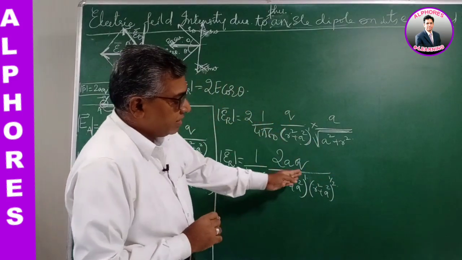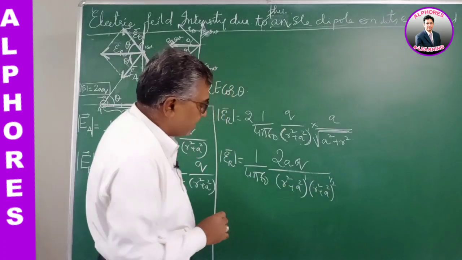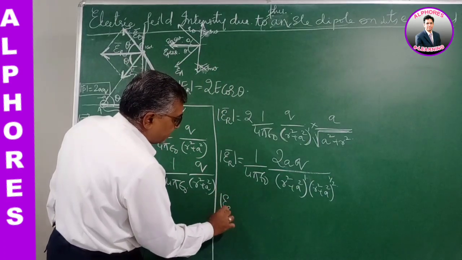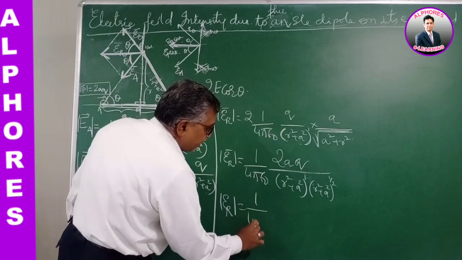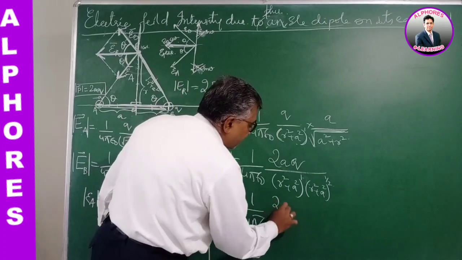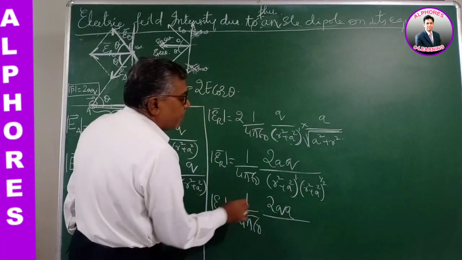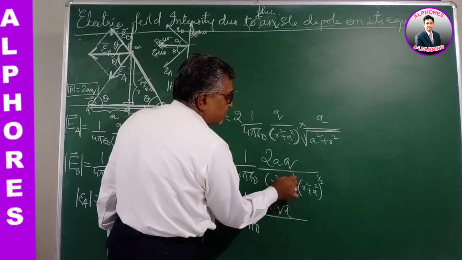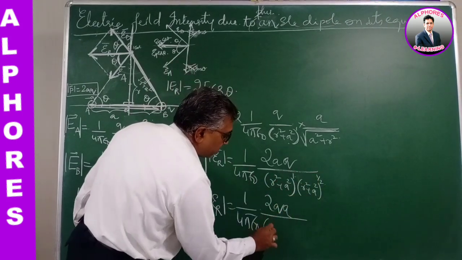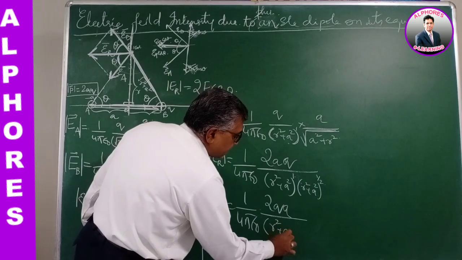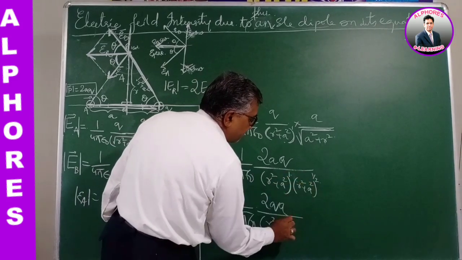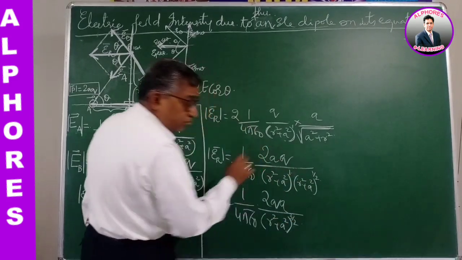So x power m into x power n is x power m plus n. So the magnitude of the resultant electric field is 1 by 4 pi epsilon naught, 2QA by R square plus A square whole power 1 plus 1 by 2.